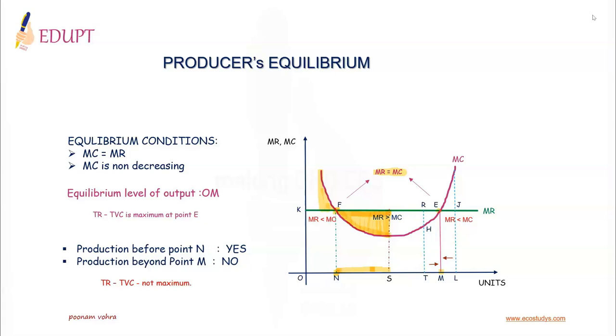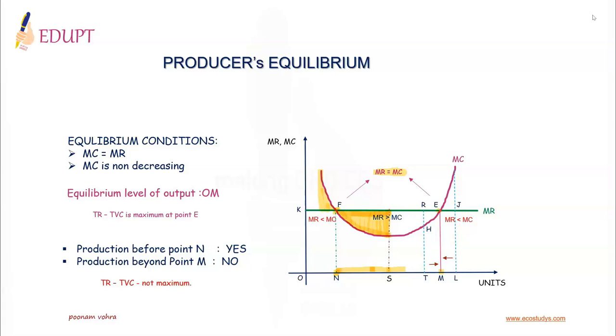It seems to be the point of maximum profit, but the producer will not stop at this point and will continue producing, simply because the profit provides an incentive to the firm to increase output.